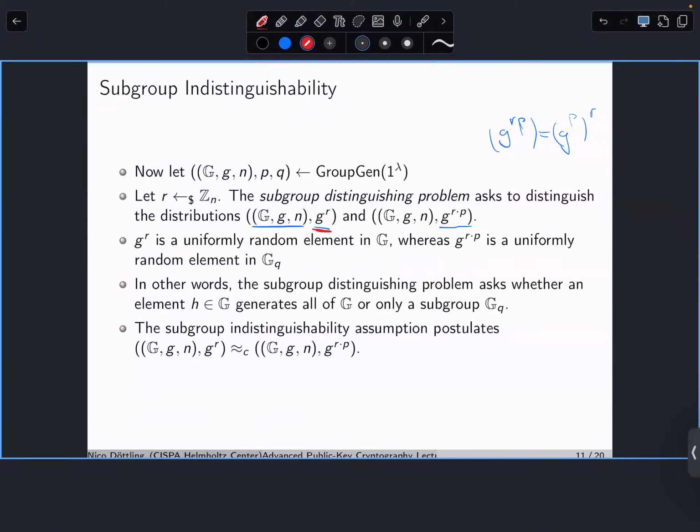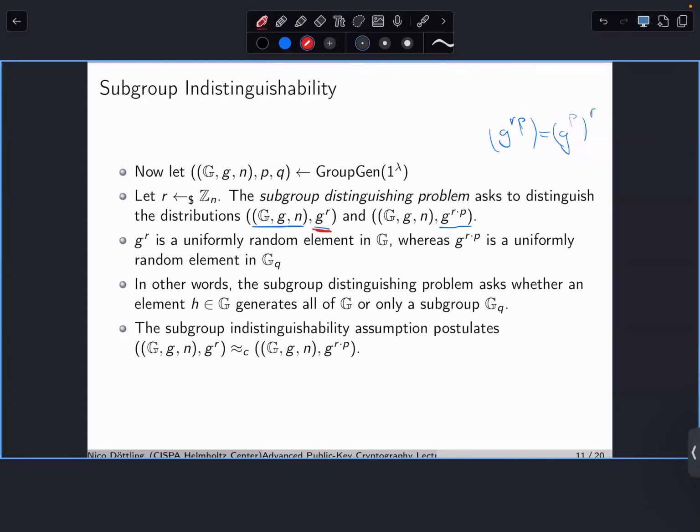It generates the entire thing, and I'm giving you g to the r. That's an element from the entire group, a random element from the entire group. Comparing this to DDH, this was typically the right-hand side distribution of DDH, a uniformly random vector of G squared, right? That's the analog here.